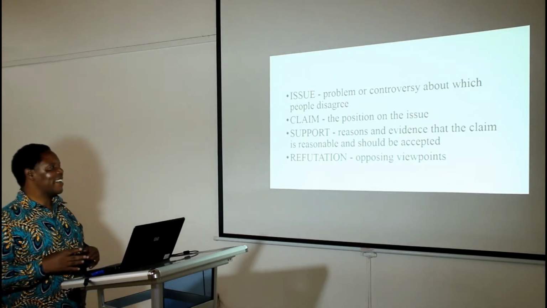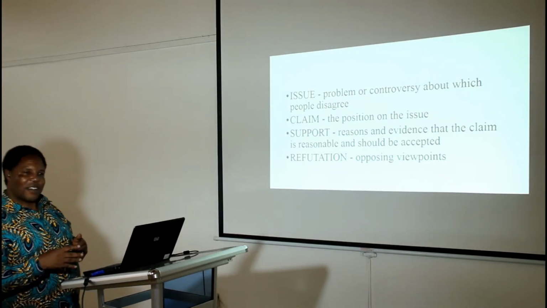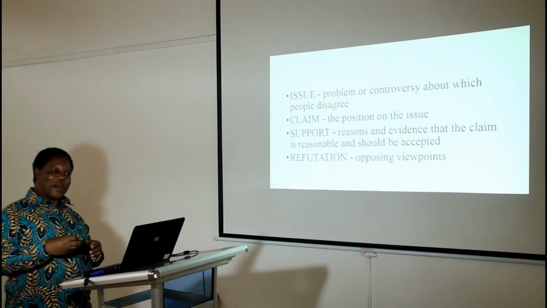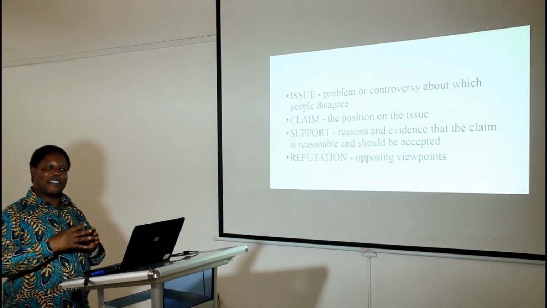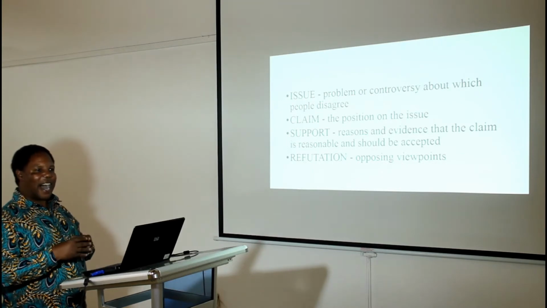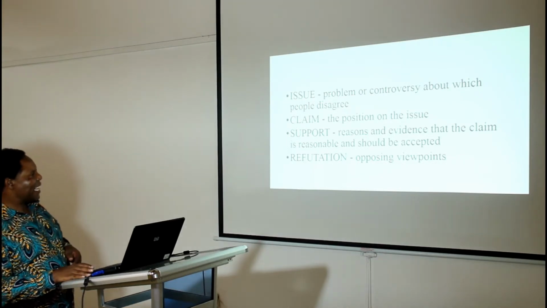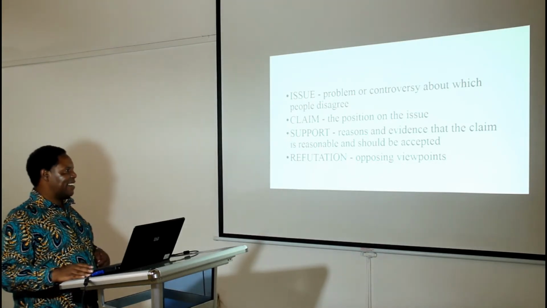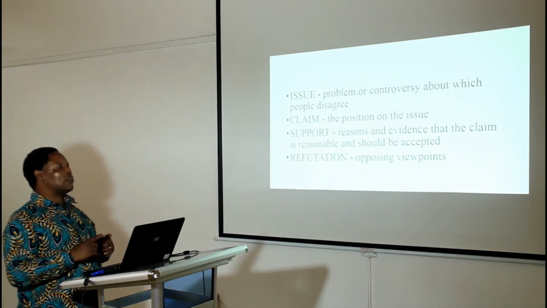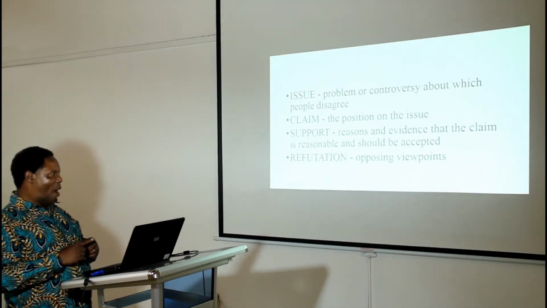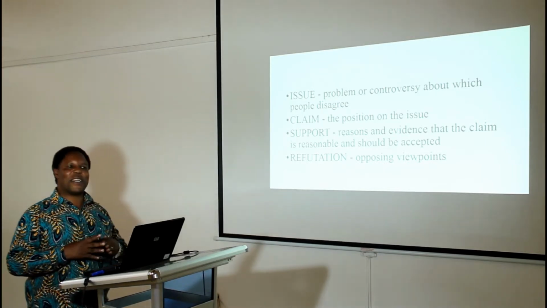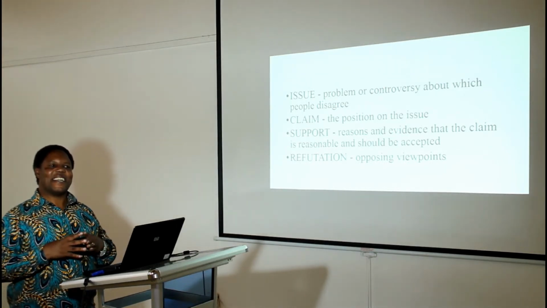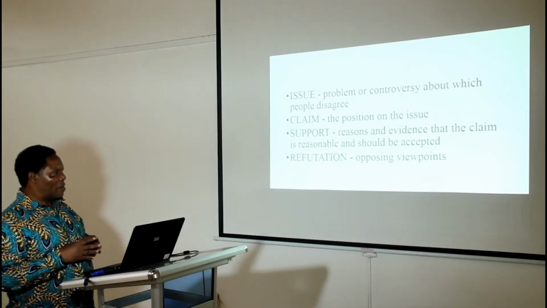That is why sometimes you see people making an argument while providing supports in order to make sure that their arguments are valid. And then there is refutation. This is opposing viewpoints. Why refutation? It means your argument is not necessarily to be accepted.